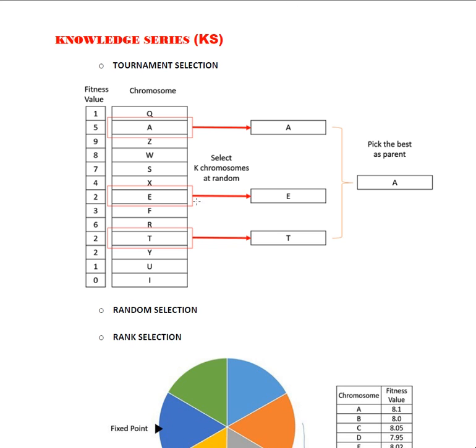That's how we get the best players. In the same way, here also one group is selected, and from this group we formed E, then from this group we got T. So select k chromosomes at random, and from there we find the fittest. So this is just like tournament selection.